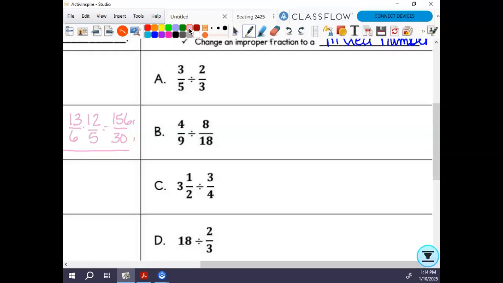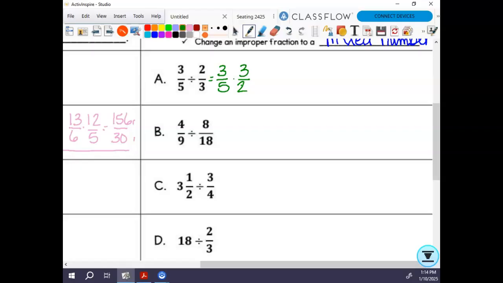I change mixed numbers to improper fractions. Don't need to do that. Whole numbers over 1. Don't need to do that. Now I keep, change, flip. That means I keep the first one, 3/5. I change division to multiplication, and I flip the second one, take the reciprocal, 3/2.